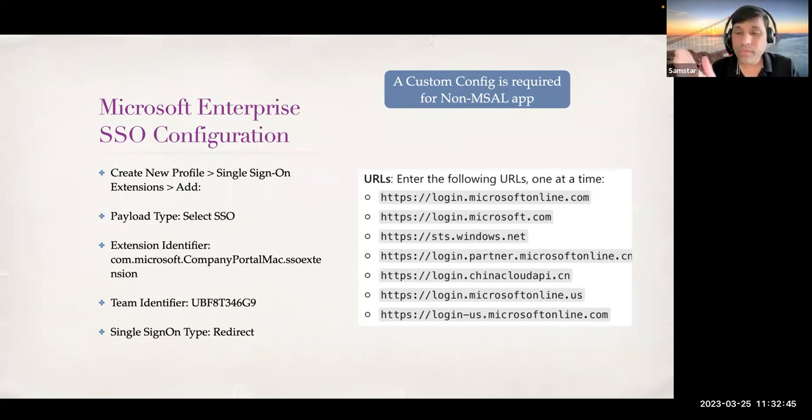Apart from this, there is a custom configuration which we need to deploy for a non-MSAL application. Imagine there is an application which doesn't support Microsoft MSAL authentication, but we need a single sign-on experience because that application uses Azure Active Directory for authentication. That means it basically goes to one of these URLs for authentication.